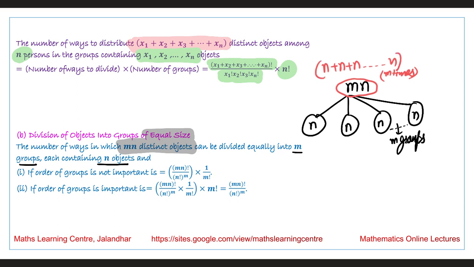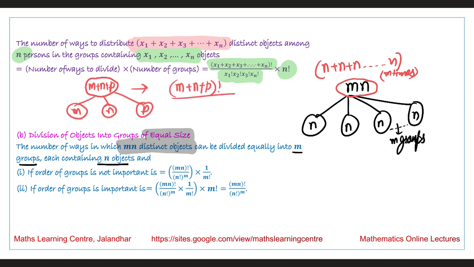So if we compare it with our previous case, we were saying if we have m plus n plus p objects and we were dividing them among 3 groups, first having m, second having n and third having p objects, then the number of ways was m plus n plus p factorial divided by m factorial into n factorial into p factorial, when the ordering of these groups is not important.